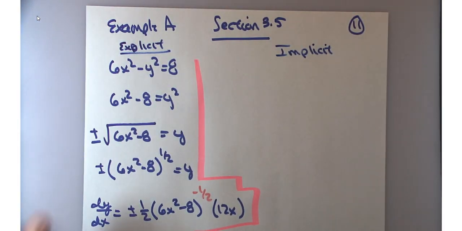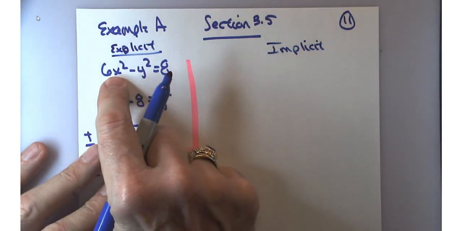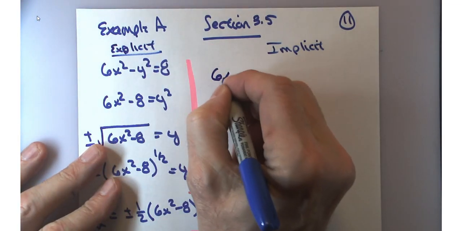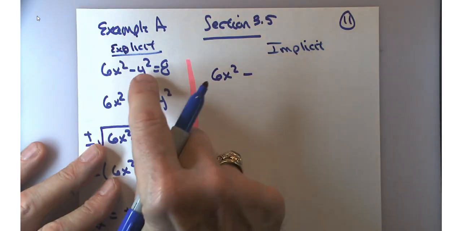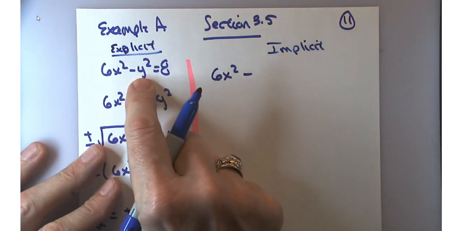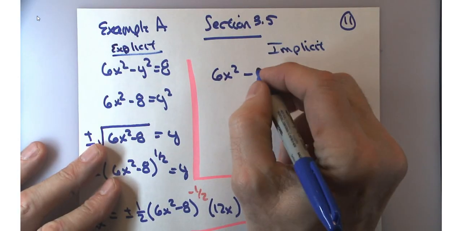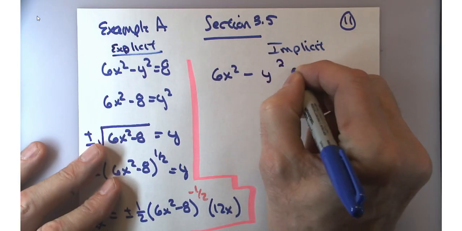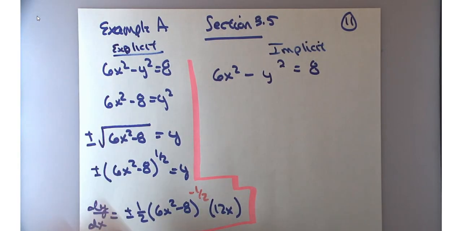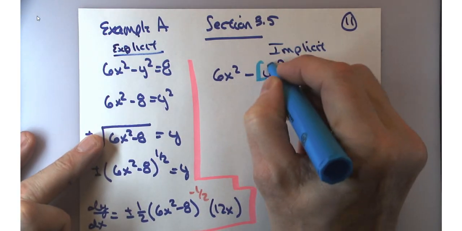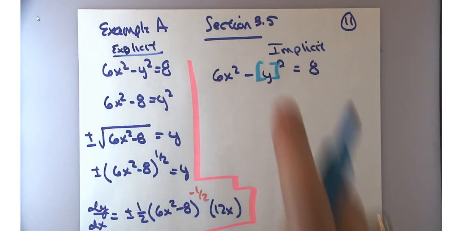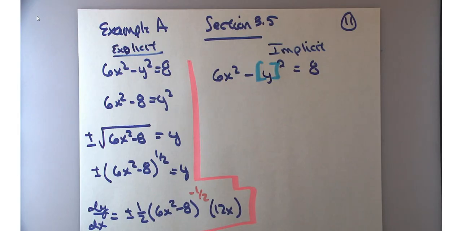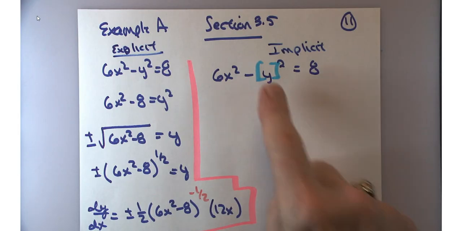Let's take a look at how that's going to be. Now, the one thing I suggest when we start differentiating these things implicitly is this. Wherever there's a y, you want to write yourself a little something around that y. Like, let's write it in blue here like this. Because when you differentiate, you're going to get some kind of application of the chain rule.